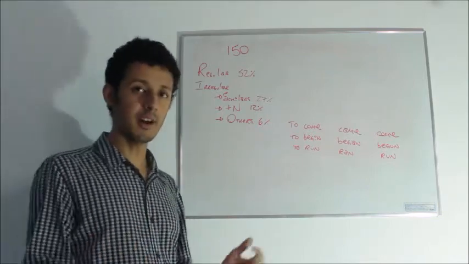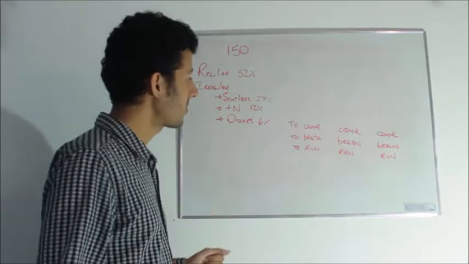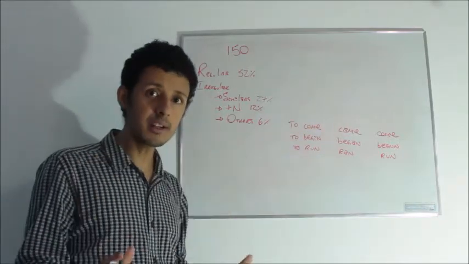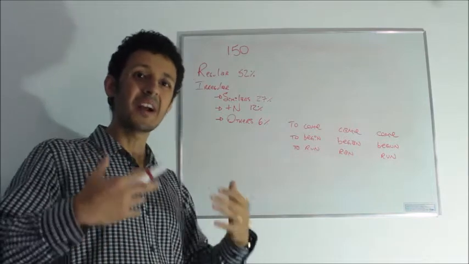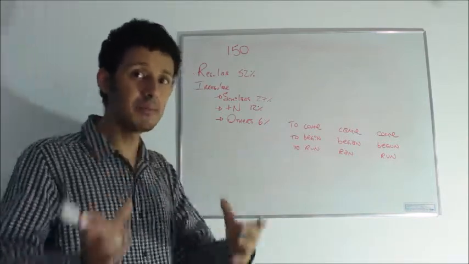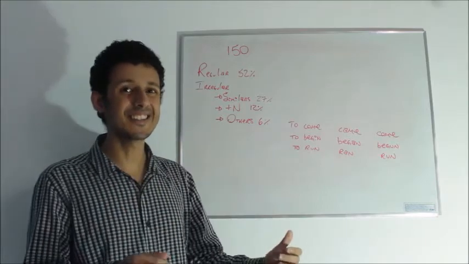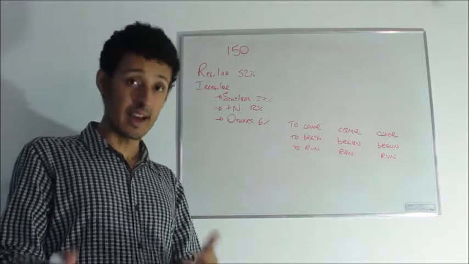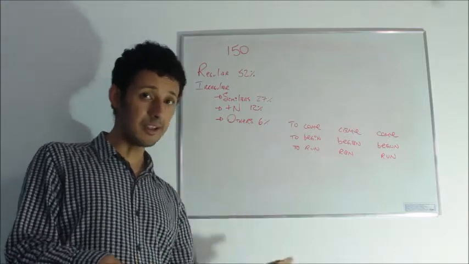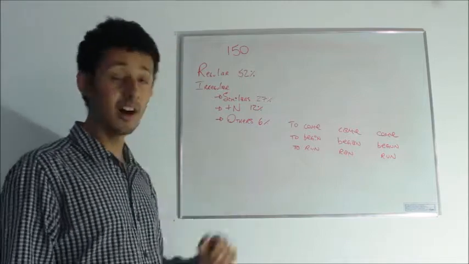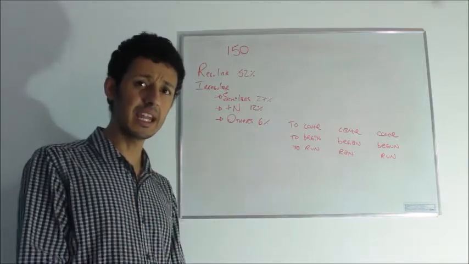Some examples are, for instance, the verb to come, which past tense is came, but participle is also come. It means it is similar to the present and not similar to the past. Another verb is the verb to begin.